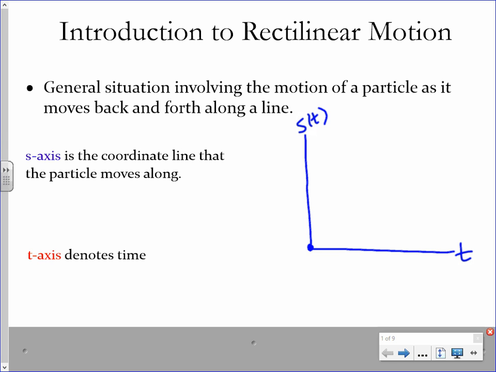Velocity is a measure of the amount of distance traveled over a period of time. I just described to you a rate of change. So how does velocity relate to position? It is the derivative. That is the first thing we are going to talk about.